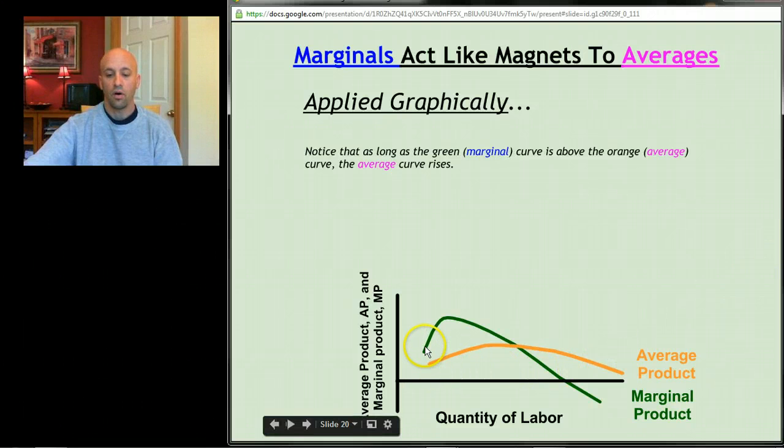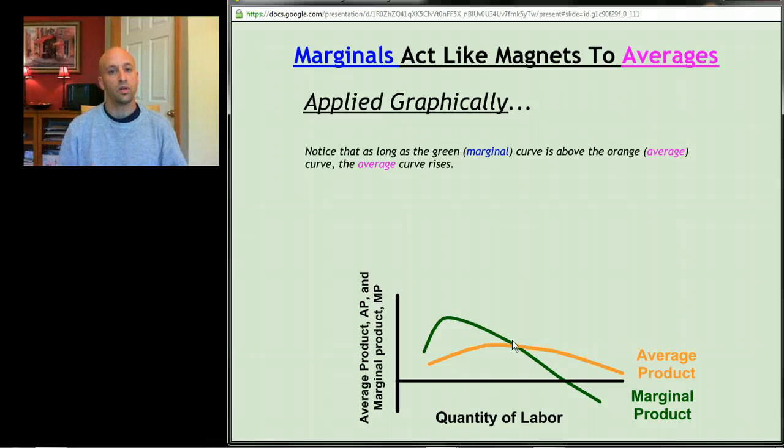That's happening all the way here, from here to all the way over here. Notice that for all those quantities, the green line is above the orange line, and notice what's happening to the orange line. The orange line is rising. It's kind of like that green line is pulling that orange line up because the marginal is acting like a magnet to that average.